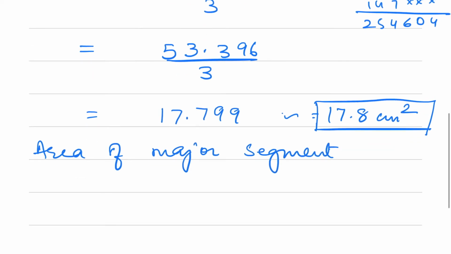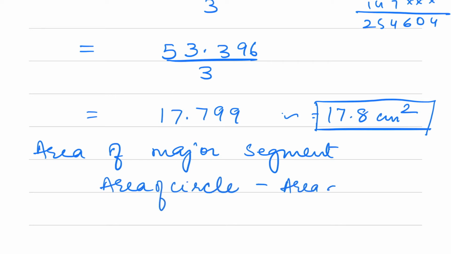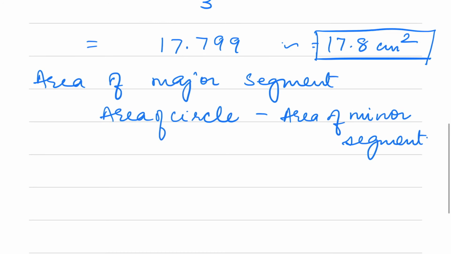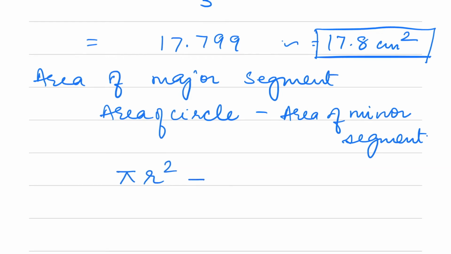will be equal to area of circle minus area of minor segment. So we have already found out area of minor segment. Here I can write down as pi r square minus 17.8.